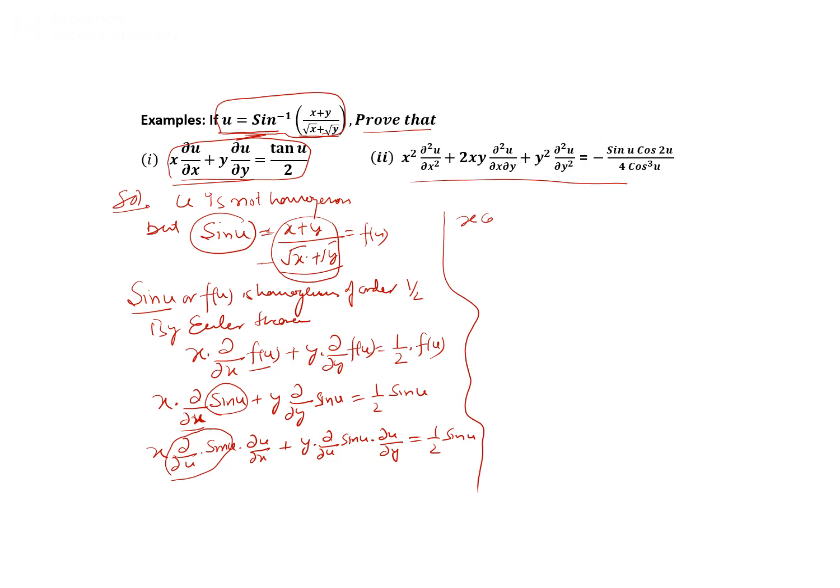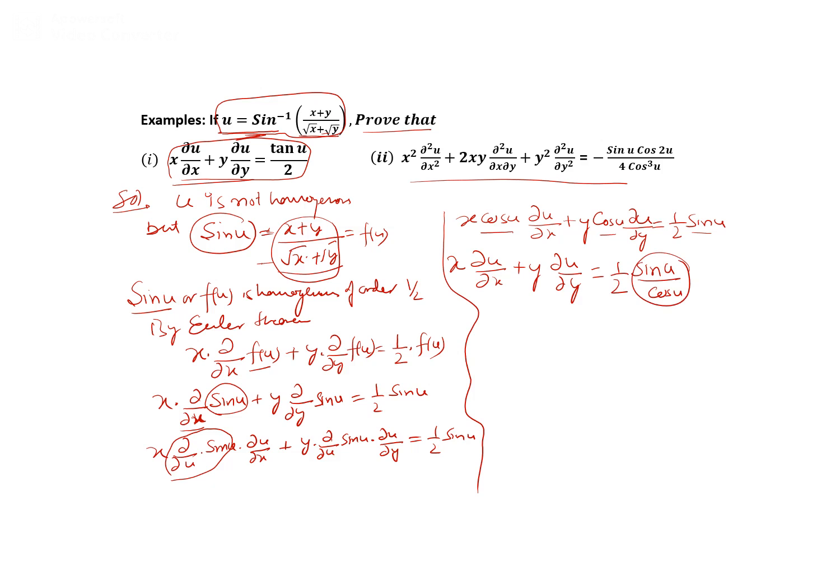So we get x cos u ∂u/∂x plus y cos u ∂u/∂y is equal to 1 by 2 sin u. Now take cos u as common in the left hand side and put it into the denominator of the right hand side. So we write x ∂u/∂x plus y ∂u/∂y is equal to what? 1 by 2 sin u upon cos u, and this becomes tan, which is the required proof, the first proof.